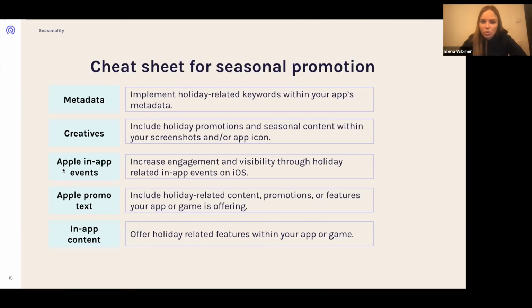Then also not only within the metadata, but trying to include those holiday promotions and the seasonal content within your creatives in your store listing. Let it be like some of the apps that we saw did within their screenshots, their icon, and maybe even the feature graphic and the preview video.